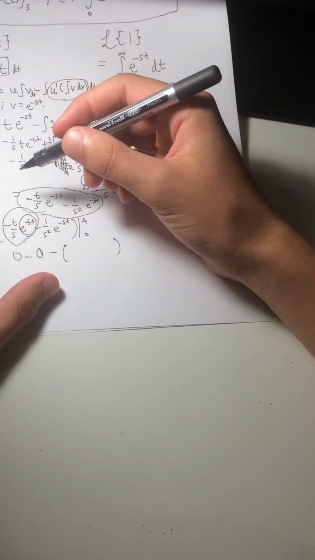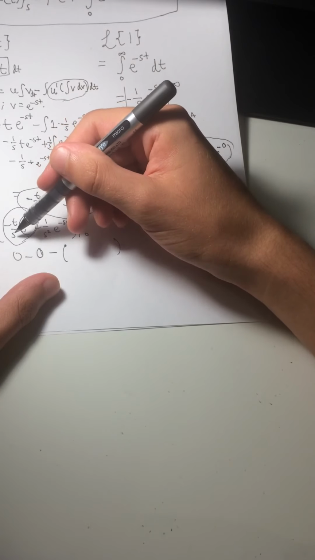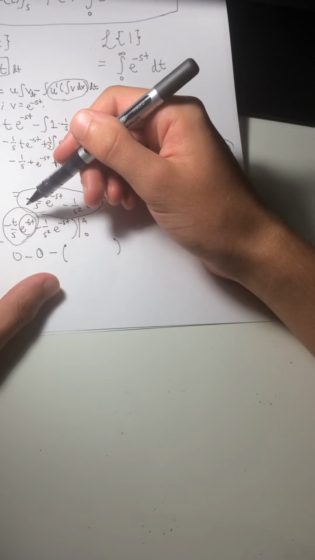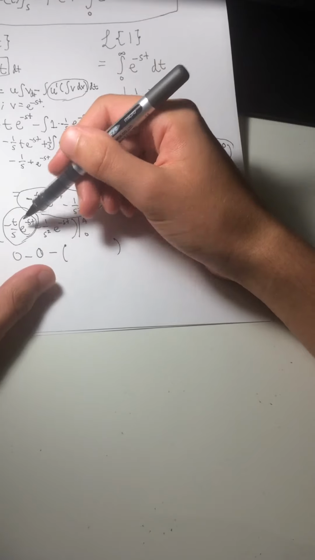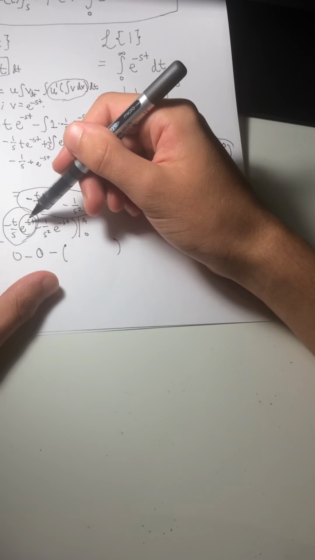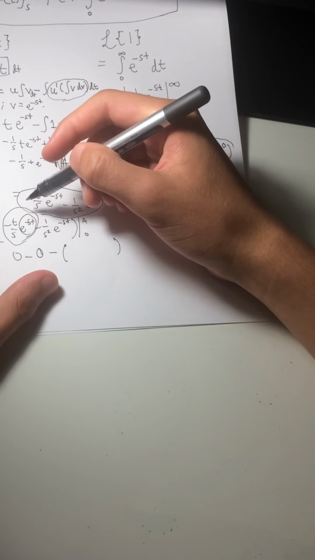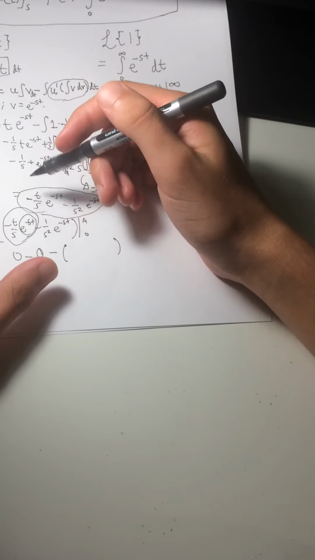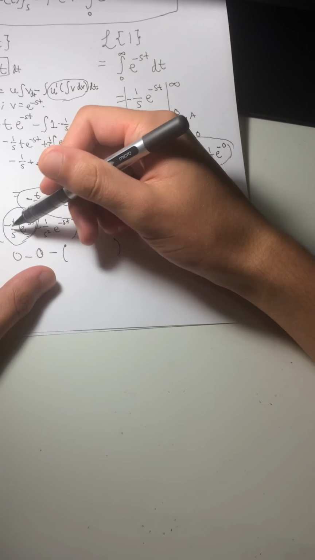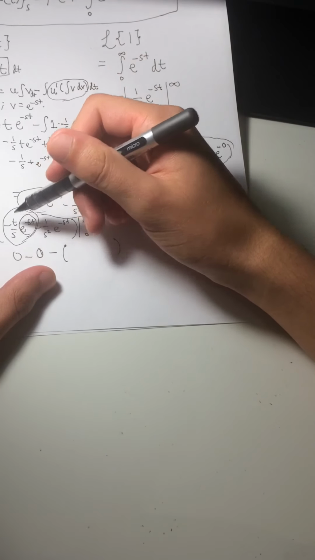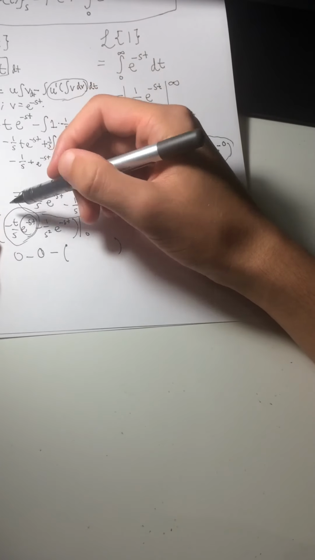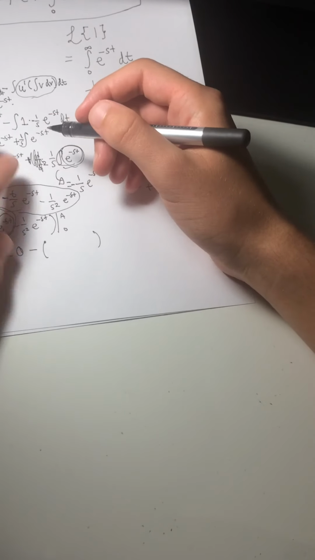What we're going to get is, here it's going to be 0, and here it doesn't really matter what this function is, because we know that the product here is going to be equal to 0, by the fact that one of the factors is 0. So let's just leave it here.